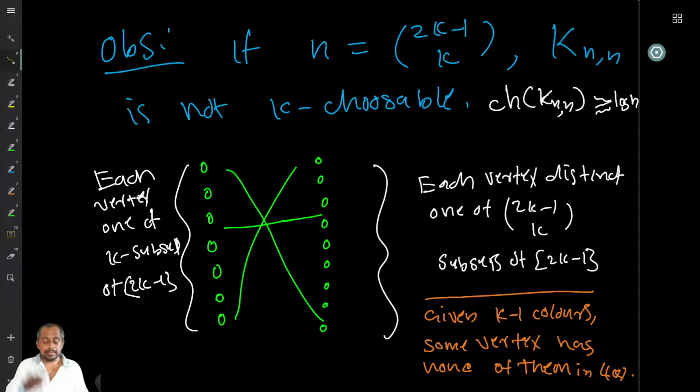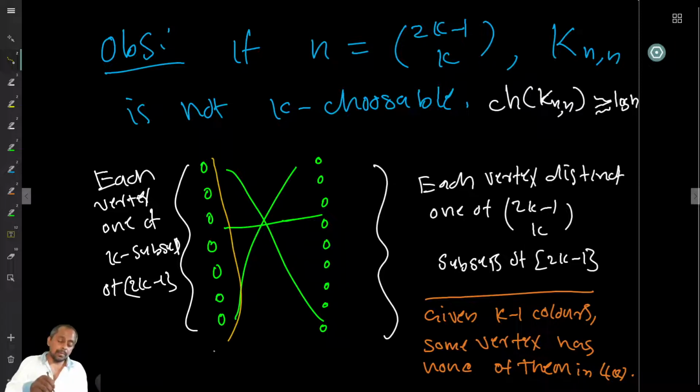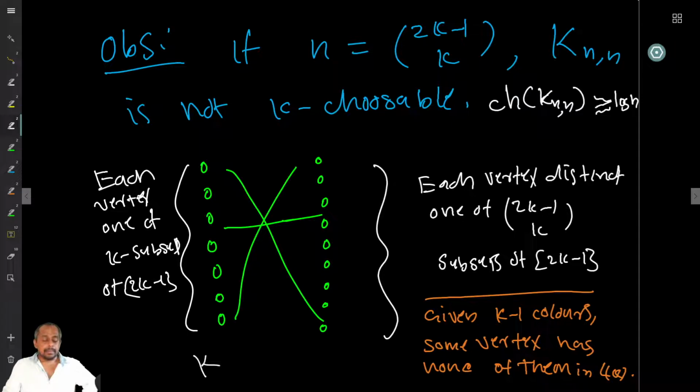Which means what? If I am going to color one side here, for example, I have to use at least k colors to color the vertices of one independent set here, because I have all these n vertices.